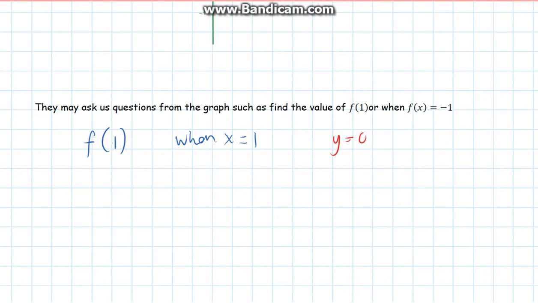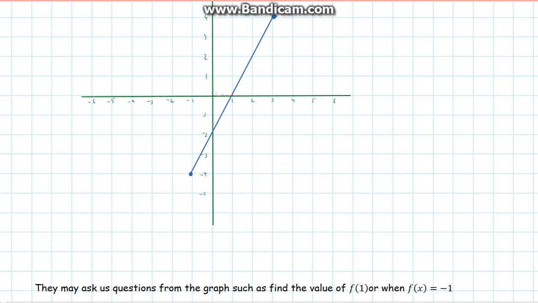Now, what if they ask when f of x equals minus 1? That's when y equals minus 1. So I go to minus 1 on the y-axis, which is here, read across as far as my line, and then go up onto my x-axis to read off the x value.